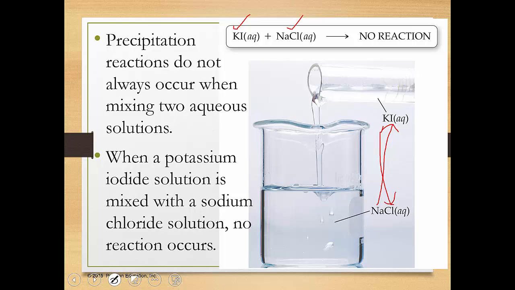But sodium iodide, sodium is always aqueous in solution, and potassium chloride, potassium is always aqueous in solution. So nothing happens. There's no reaction on this one. Nothing is insoluble in solution. This is why it's important to be able to use that chart and figure out those solubility rules. We can predict whether or not a precipitation will take place.